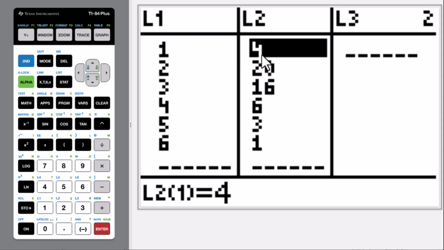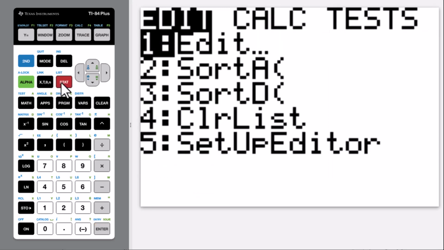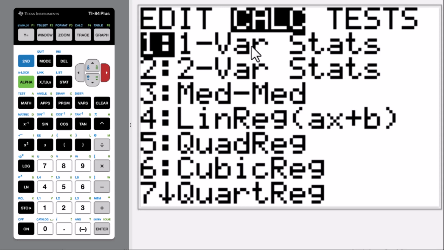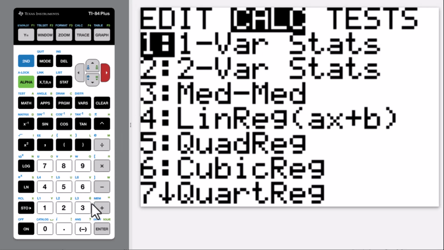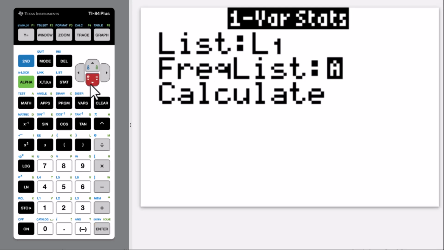L2, we will put the 4, 20, 16, 6, 3, 1. Then press stat again. Go to calculate. One variable stats. Enter. List is L1. Frequency list is L2. Enter, enter.